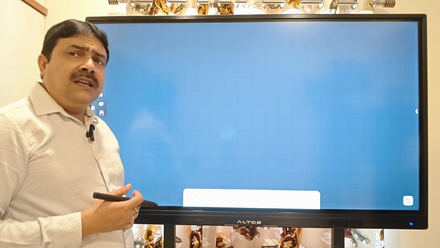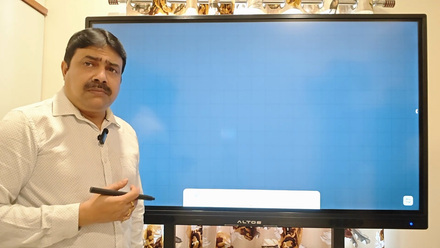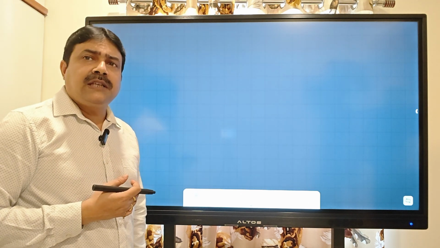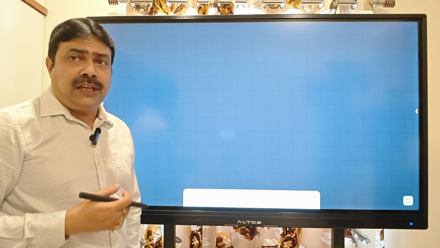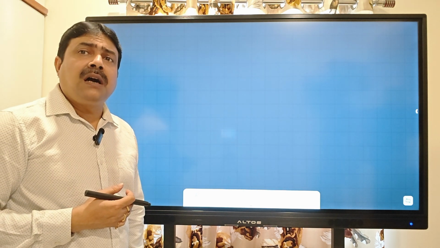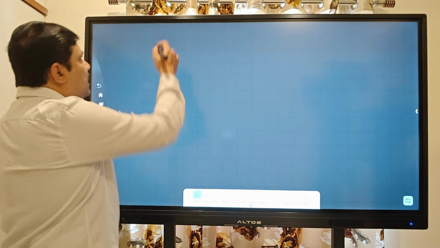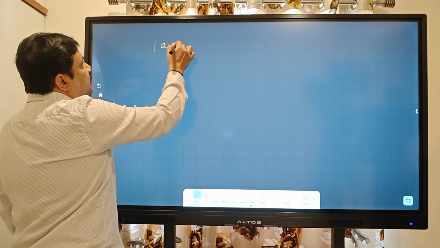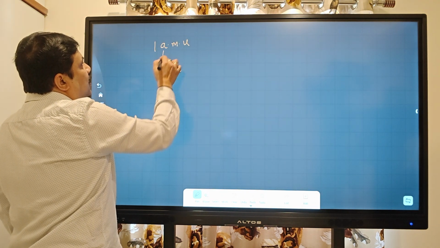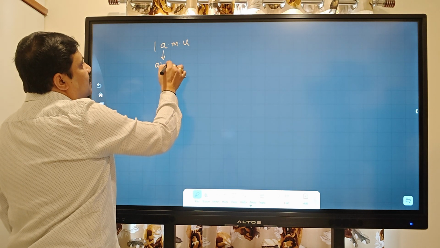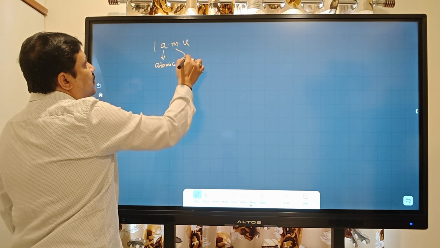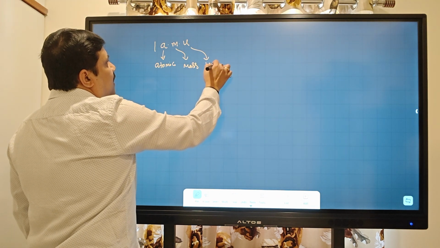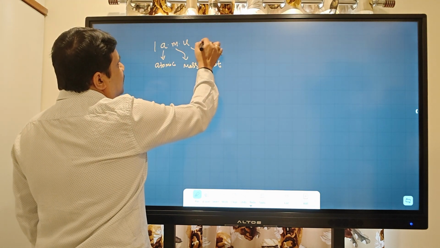For that purpose, the mass of an atom, molecule, or ion, we generally express in terms of AMU, atomic mass unit. First, let us look at what is AMU. A for atomic, M for mass, and U for unit, atomic mass unit.